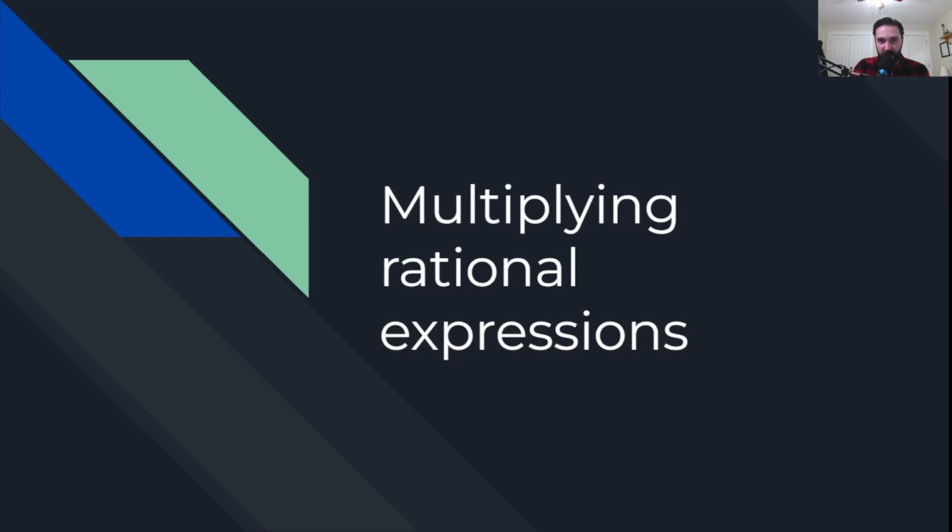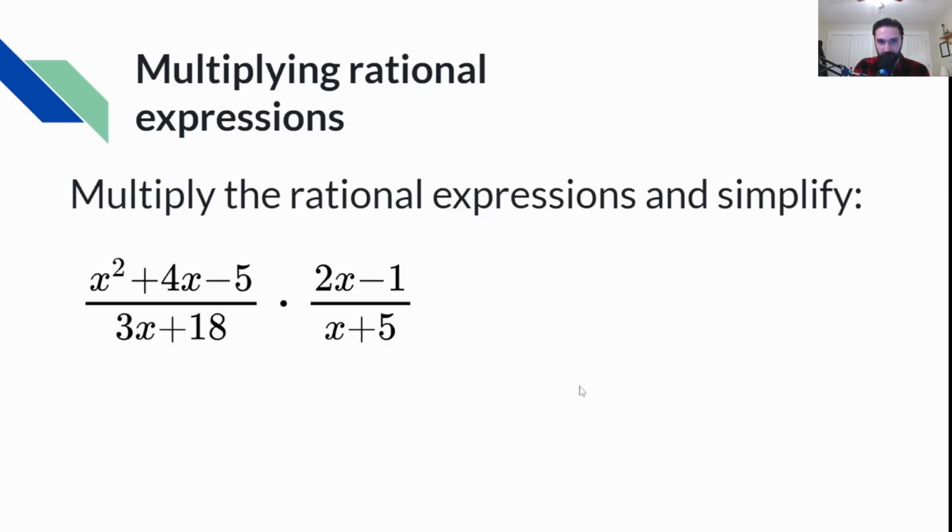Next, let's look at multiplying rational expressions. Multiply the rational expressions and simplify. When we multiply these, once again, it's much easier to deal with factors than with terms. Multiplying these terms by these terms, you would have to use the box method and you would get some big ugly expression.